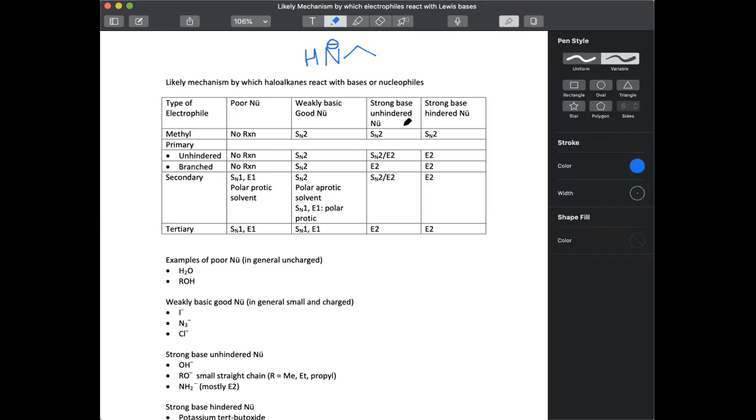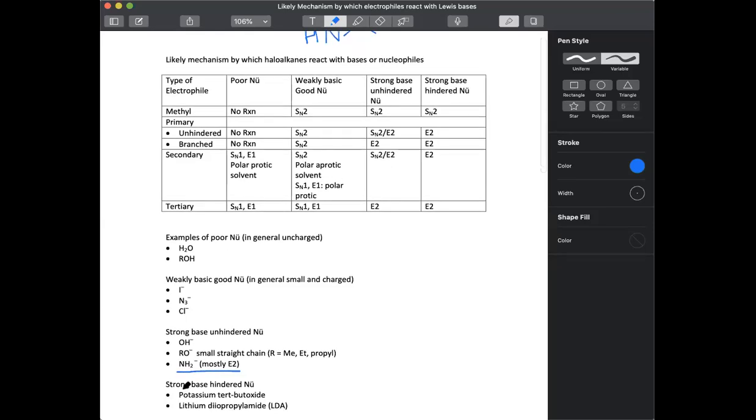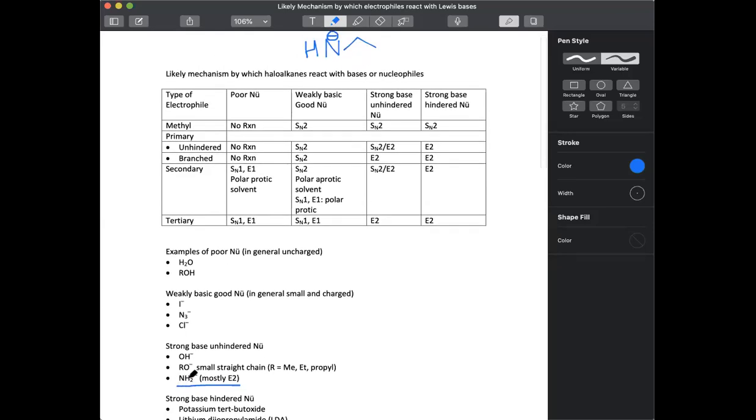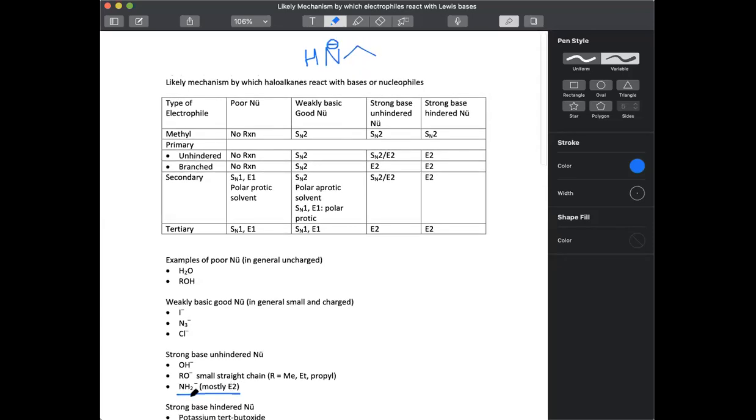If we go down here, strong base, unhindered, I think she clarified that anything with NR2 minus is mostly E2. That's how we handle that.